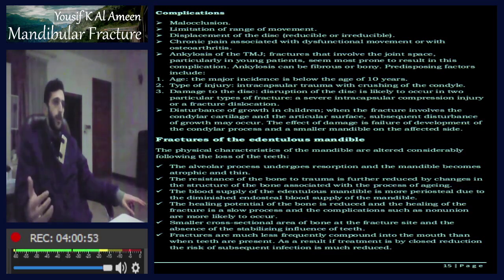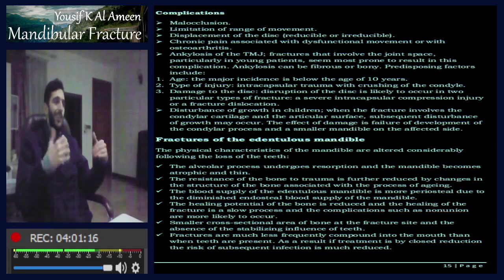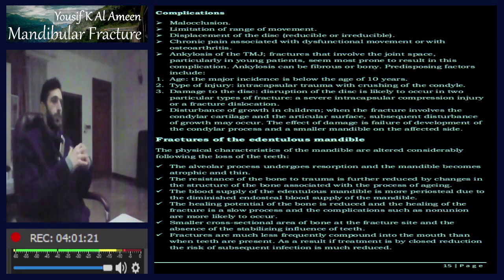The healing potential of the bone is reduced, and the healing of the fracture is a slow process, and complications such as non-union are more likely to occur.